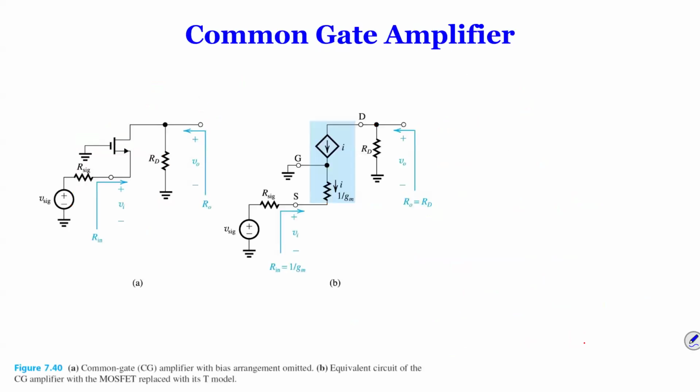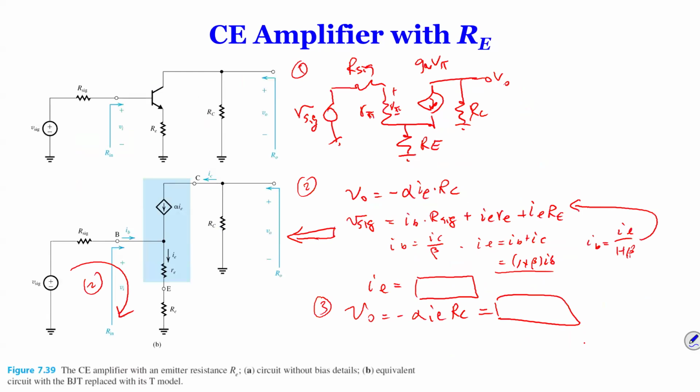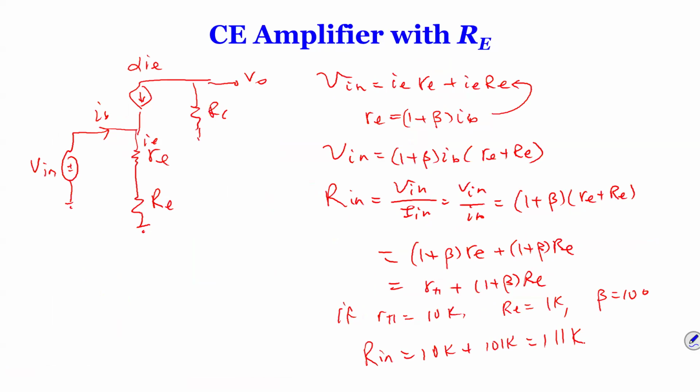So for the common source amplifier, we already have the input resistance to be infinity, so there's nothing to worry about there. To find the output resistance, let's get to that next week, and we're going to stop here.